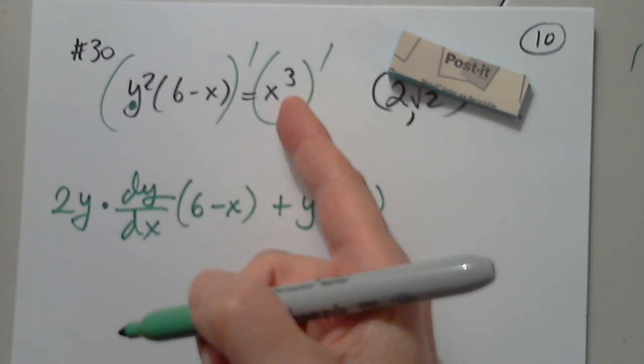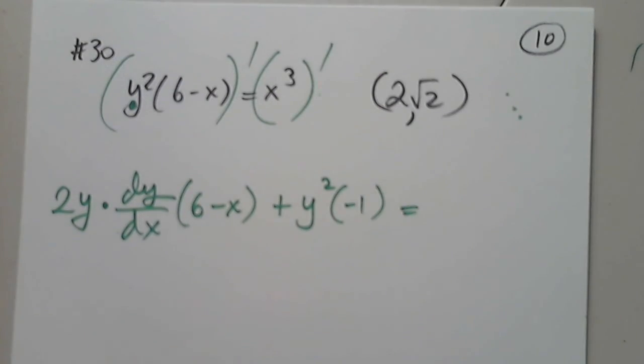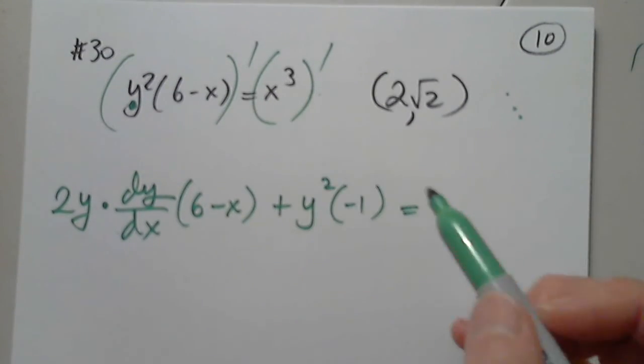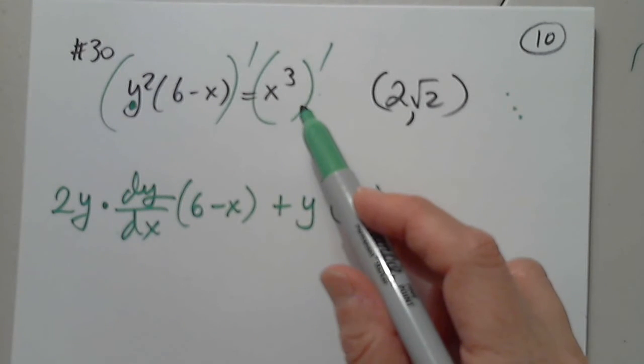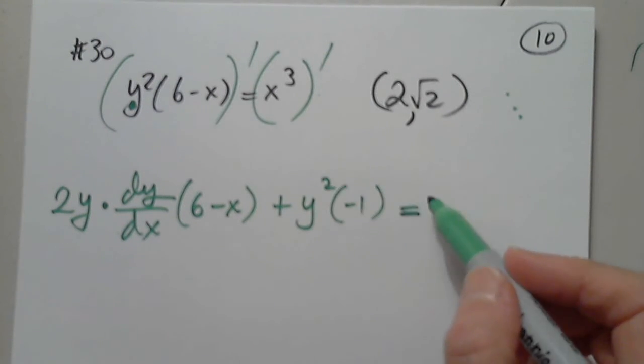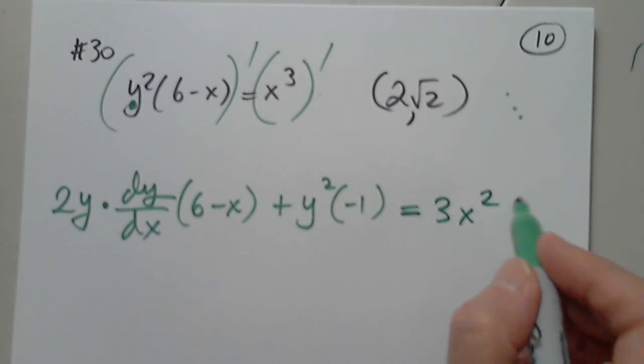Excellent, and we differentiate the right-hand side: 3x squared. Perfect.